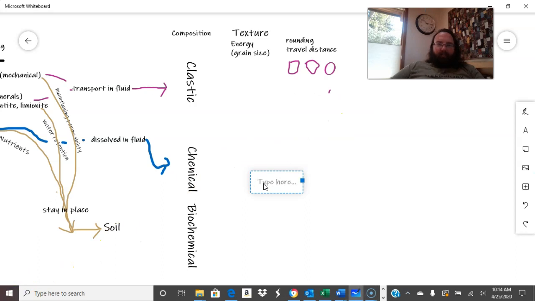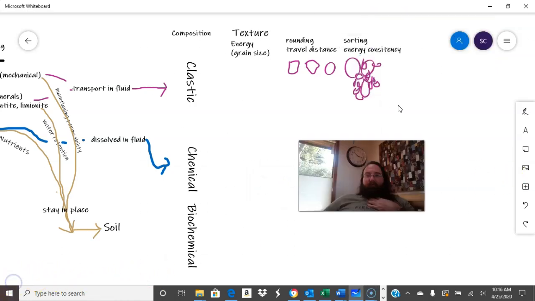Now the final criteria is sorting. This is the consistency of energy. So if we go from a very rapid current to a very slow current very quickly, abruptly, a lot of particles transported in that current are all going to fall out in about the same place.